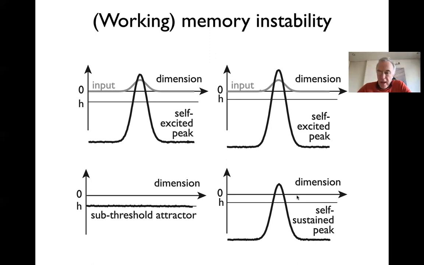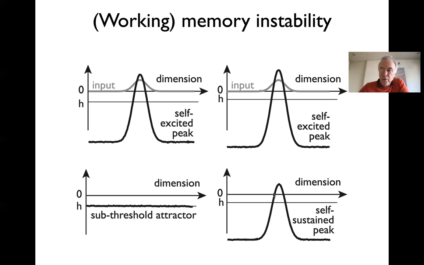And if you were to add noise to the field that's sufficiently large, then you could get that peak to drift. For instance, if by fluctuation you have a little bit more activation on the right than on the left, then the next moment in time, when that fluctuating input goes away, the activation on the right could suppress the activation on the left by inhibitory coupling, and the peak would permanently remain shifted.